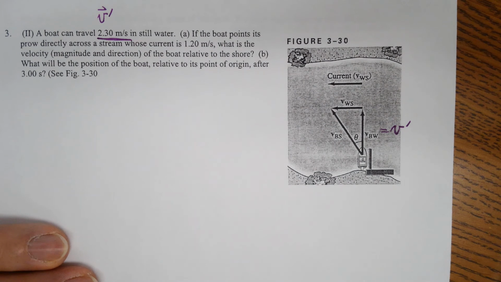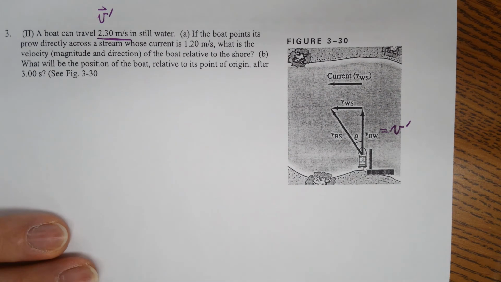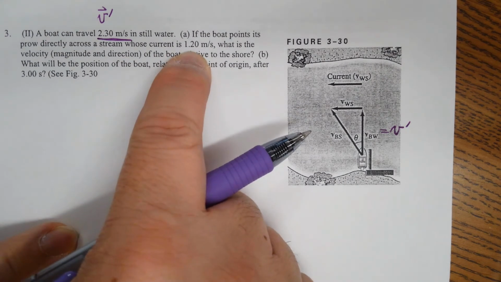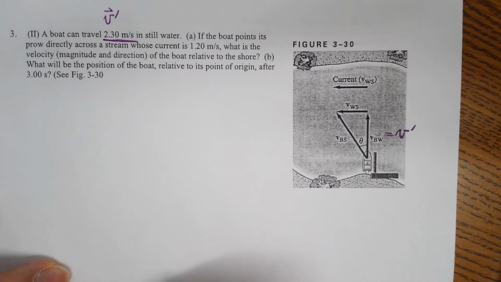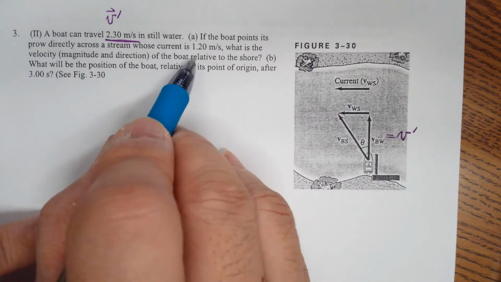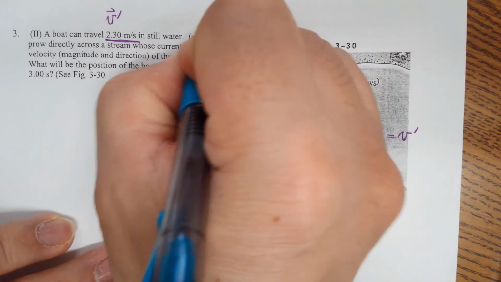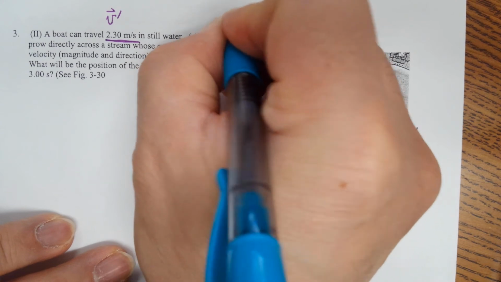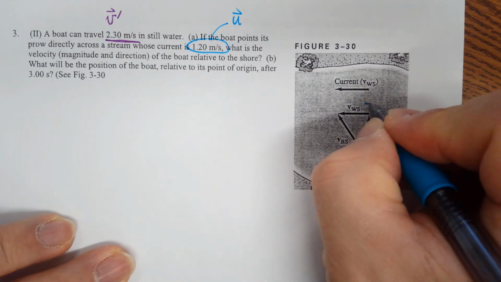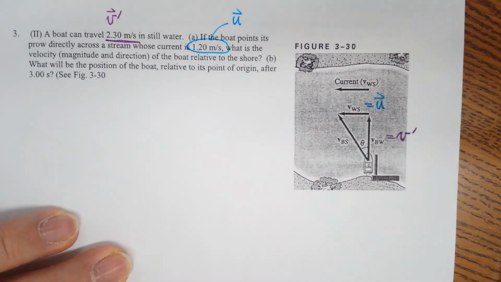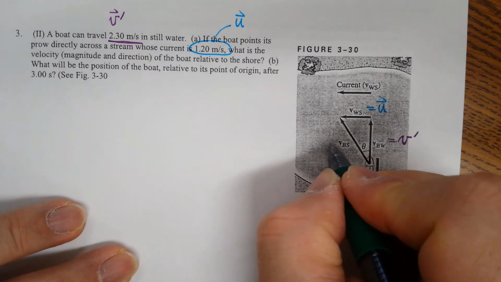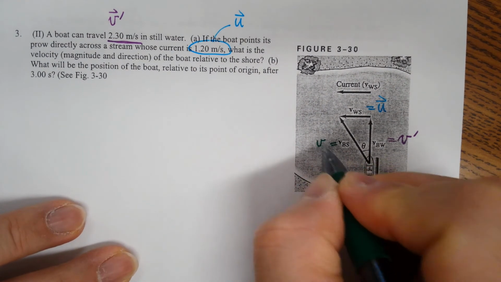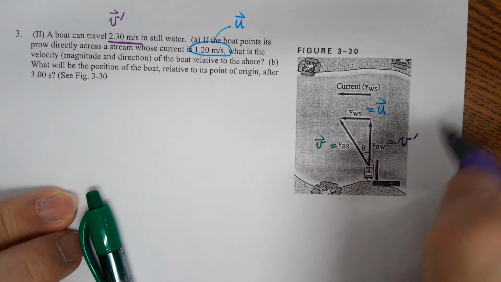The boat points its prow directly across the stream whose current is 1.2 meters per second. So what's 1.2 meters per second? That is my U. Correct. So this is my U. So this is my V. Okay?